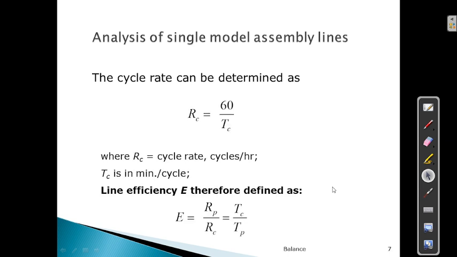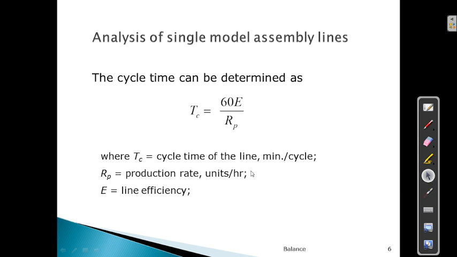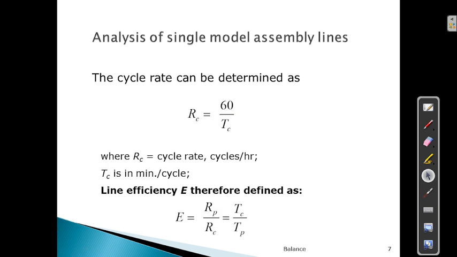Then the cycle rate can be determined as Rc equal to 60 divided by Tc. We previously got the Tc value. From the Tc value, we can get Rp. See, Tc equal to 60 divided by Rp.